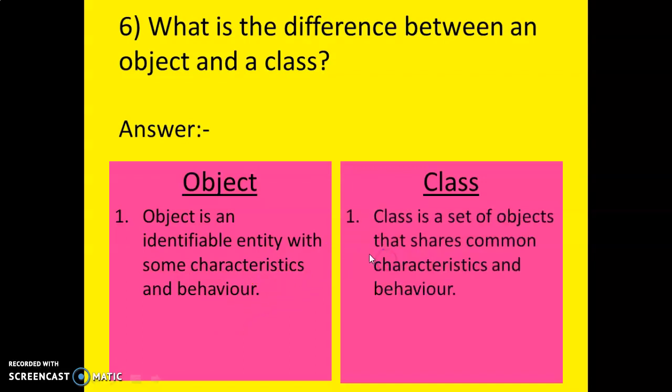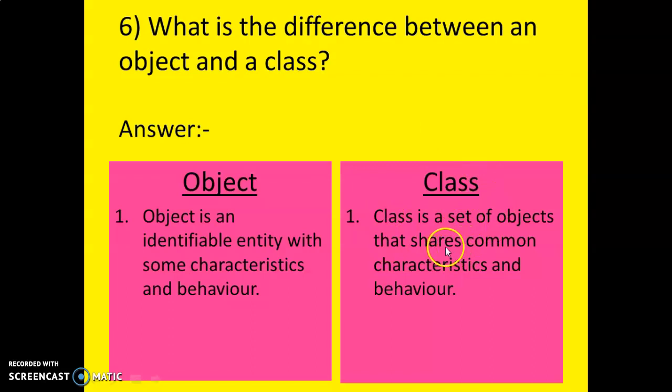And class, what is class? Class is a set of objects. That means more than one object forms a class. Suppose students in your classroom, 50 students are there. Each and every student is an object, and all together you form your class.